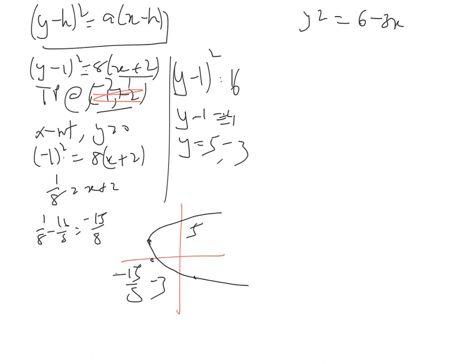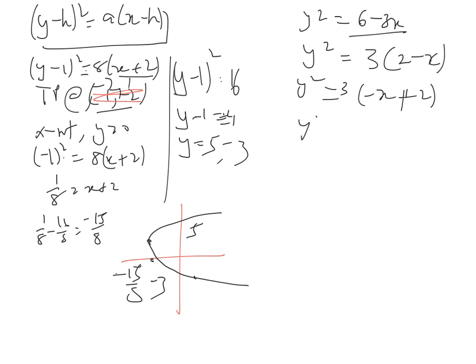So now having a look at the next one, y squared equals 6 minus 3x. Well, we already know that k is going to be 0, so then it's just a matter of rearranging that. So we've got y squared equals, take out a common factor of 3, and we'll have 2 minus x. So we can rewrite this as y squared equals 3 times (-x plus 2).